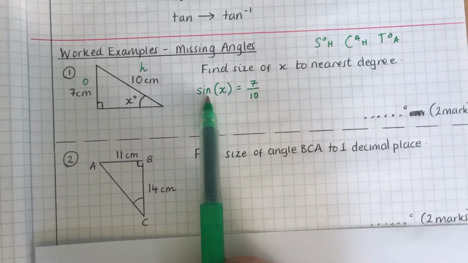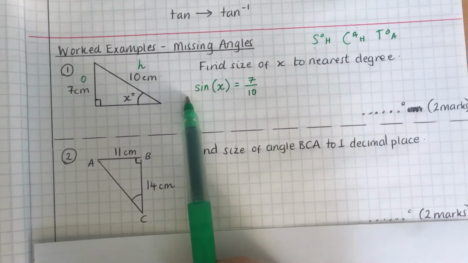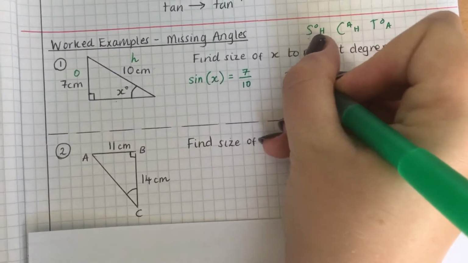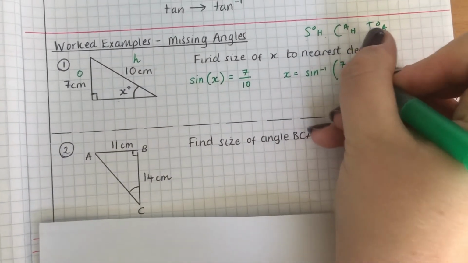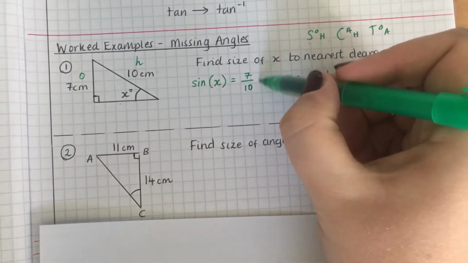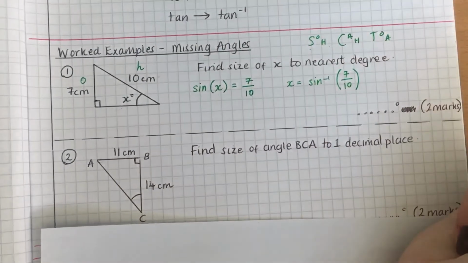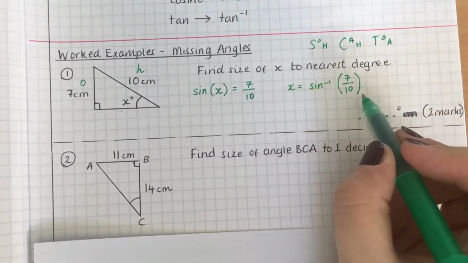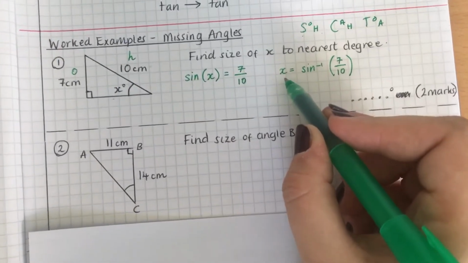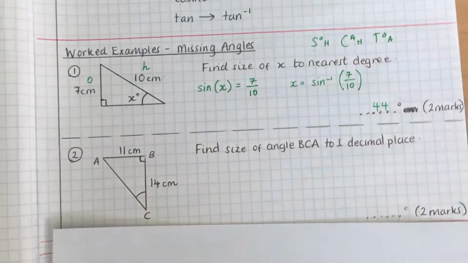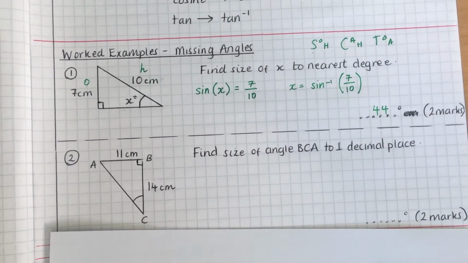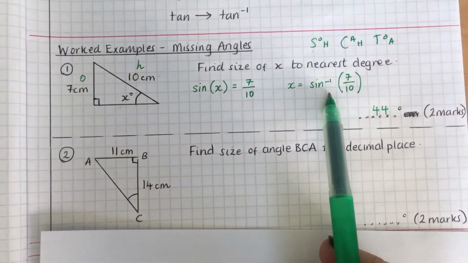The opposite of sine is sine minus 1, or inverse sine. So you end up with X equals inverse sine, and inside the bracket you put the fraction exactly as it is here. Then you type that into your calculator, because that will give you X, and you get, to the nearest degree, 44 degrees. So it's quite straightforward. The only added bit of knowledge is inverse sine.